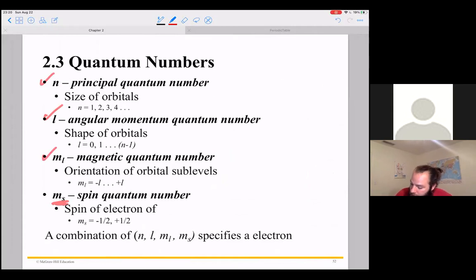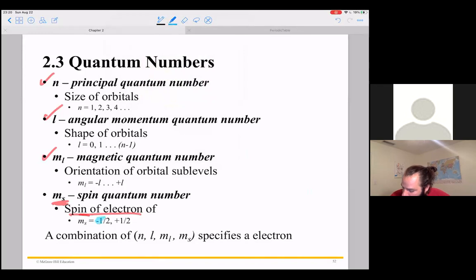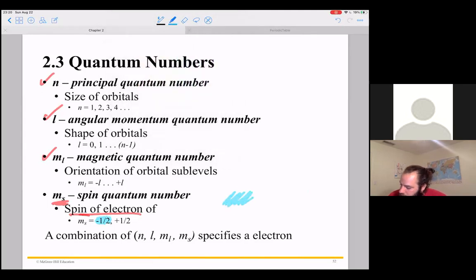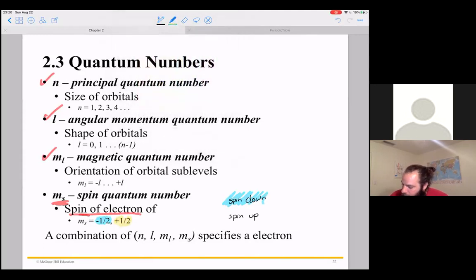It corresponds to the spin of an electron, and that has one of 2 possible values. -1/2 for spin down, and then spin up would correspond to +1/2. So these are the only 2 values that are allowed for your spin quantum number.